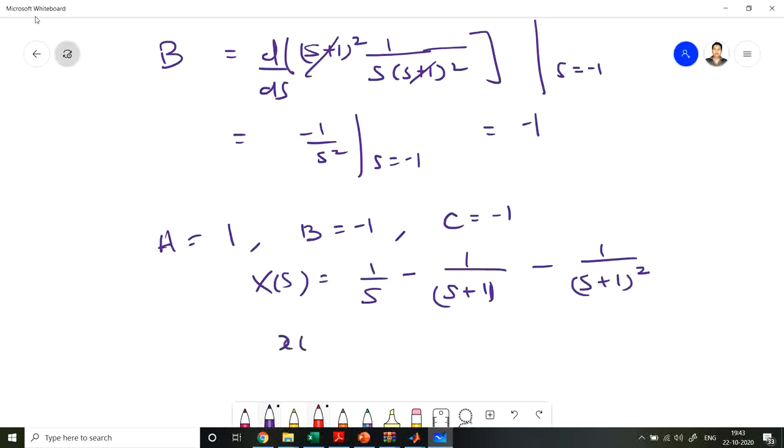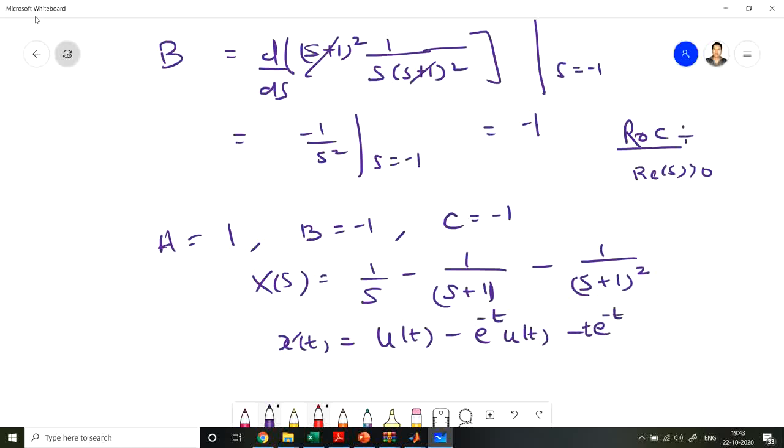So what is xt? Since the real part of s is greater than 0, what are the poles? We have 0 and 1. So what is the ROC? The ROC is real part of s greater than 0, so it indicates a right sided signal. So we have u(t) minus e raised to the power minus t times u(t) minus t e raised to the power minus t times u(t).